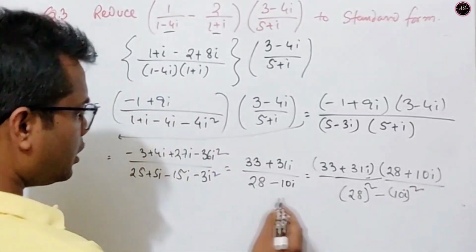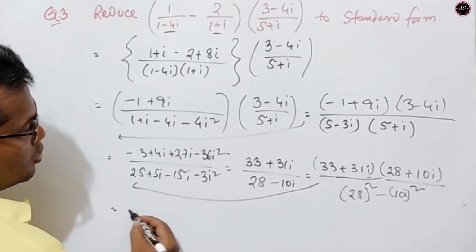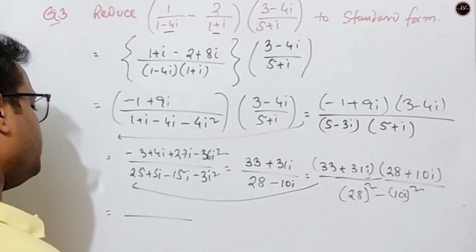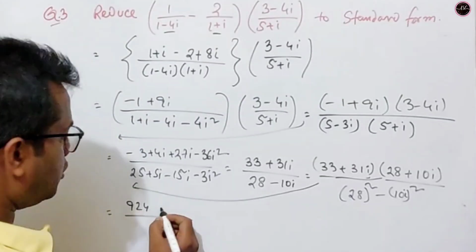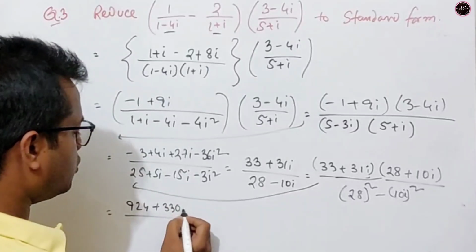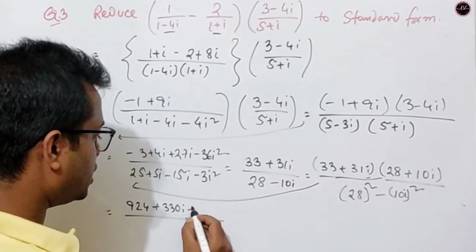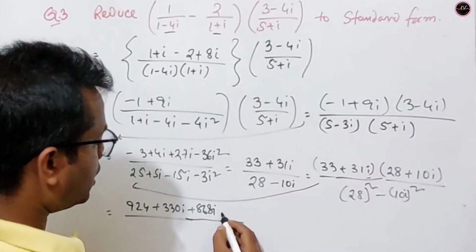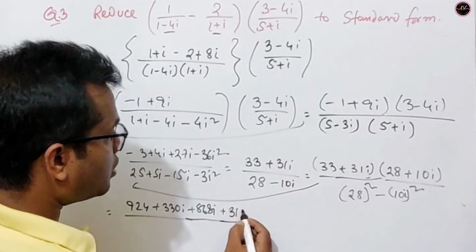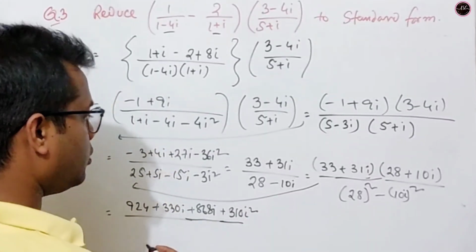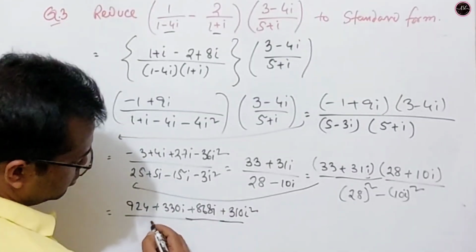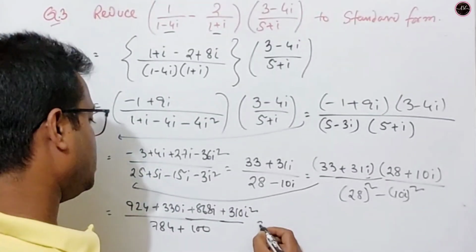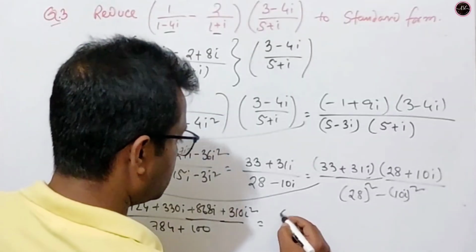Therefore now here we get 33 into 28 means 924 plus 330i plus 31 into 28 means 868i, and here 310i square, and here will be 28 square means 784 plus 100.